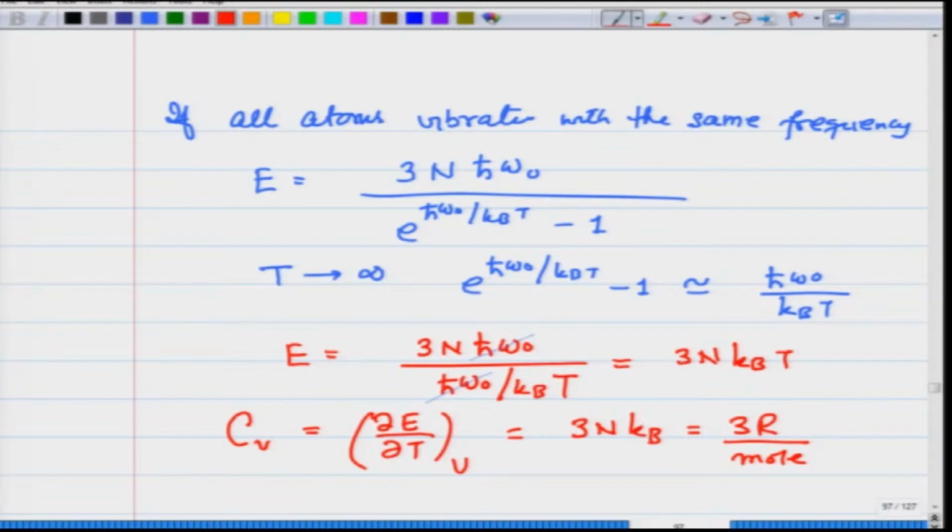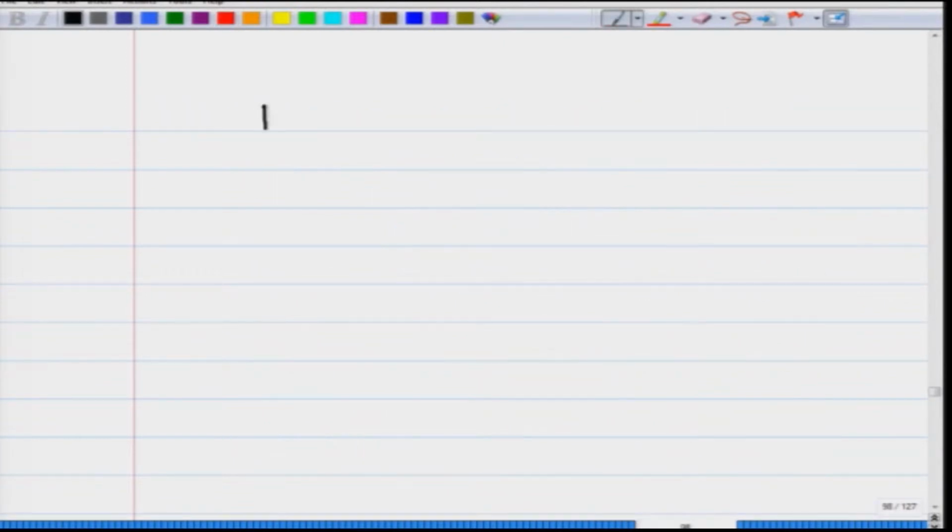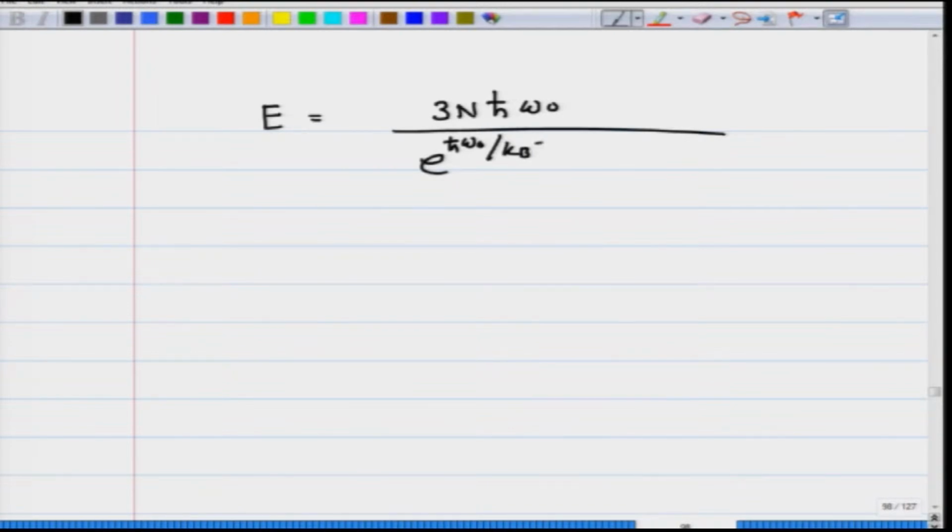Experimentally, you observe that at high temperatures the specific heat is 3 R or 24 joules per mole. So, I have E equals 3n h cross omega 0 over e raised to h cross omega 0 over k b T minus 1.